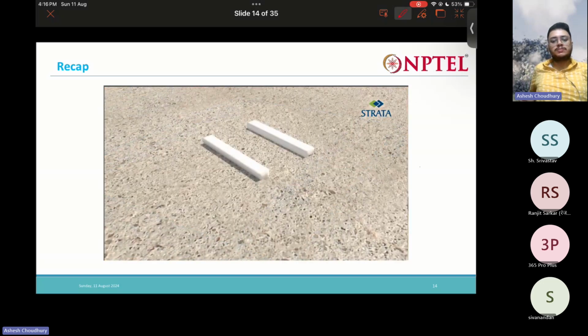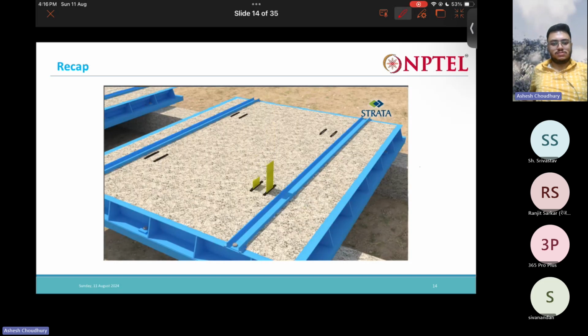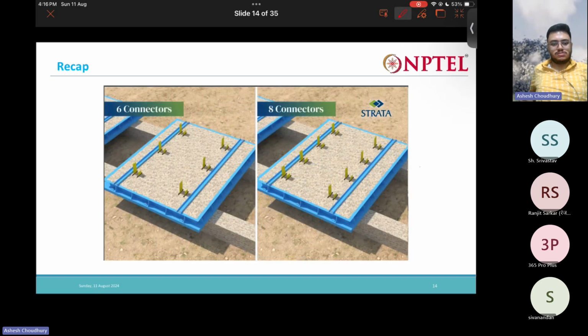Tapes protecting the cavities of the SC connectors shall be removed 6 hours after casting. The cavity of all the connectors should be checked for any blockages.